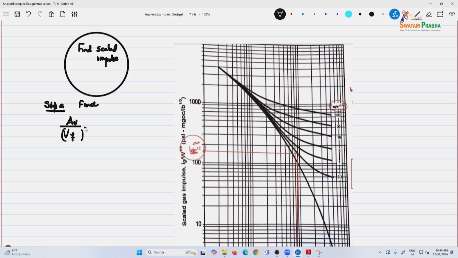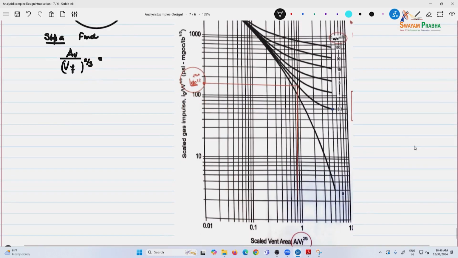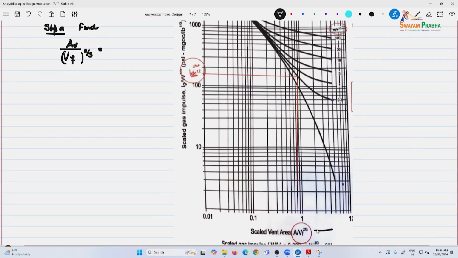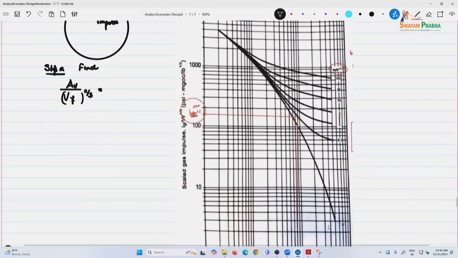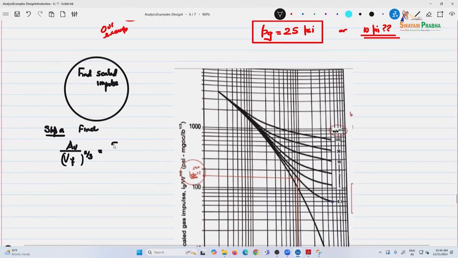So this is Vf power 2/3. We have 500 square feet divided by Vf, which is 13,000, and it comes to 0.88.